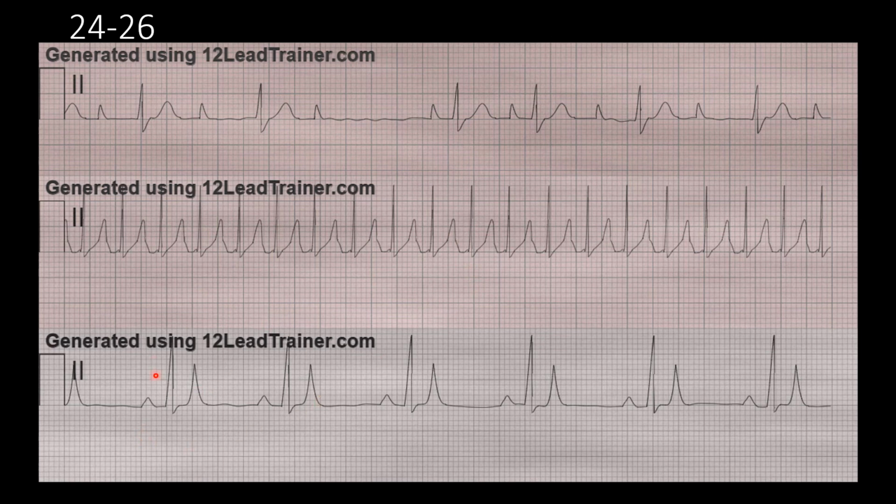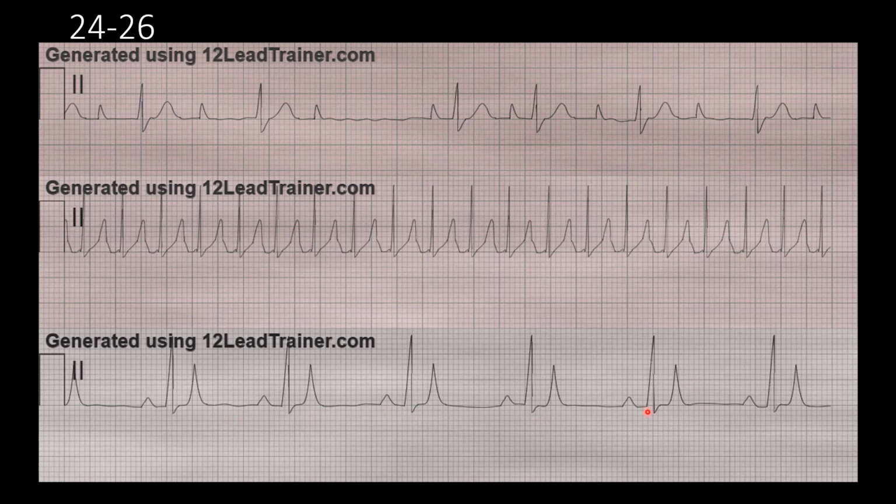Now this one down here, this also looks to be pretty regular, with a rate just over 60, and we have 1, 2, 3, 4, 5, 6. So we'll just call it 60 because it's around there. We do have P waves.